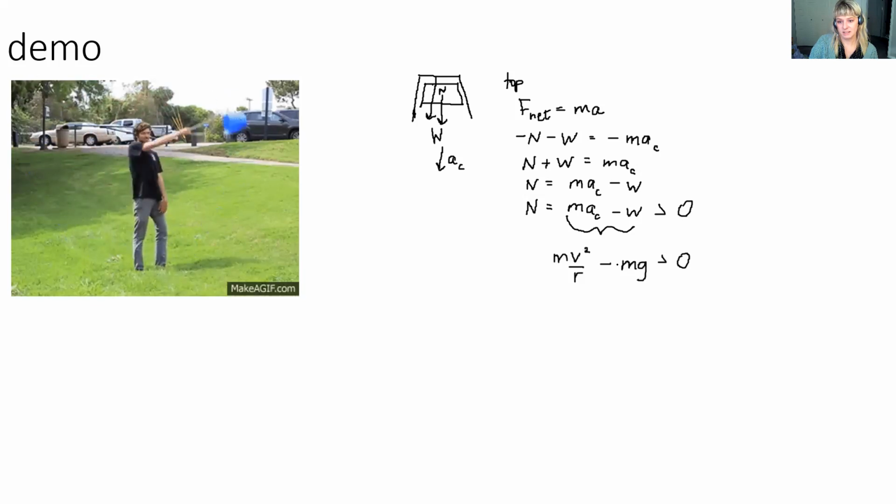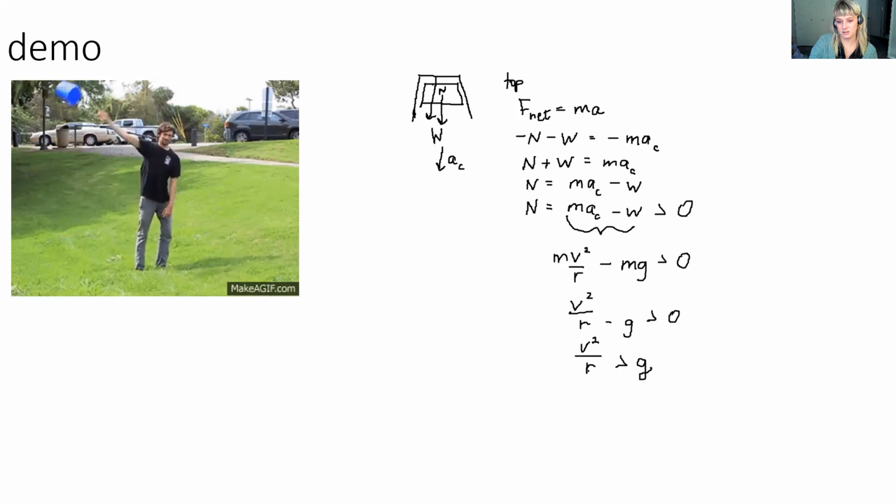Notice that mass is in both terms, so I can cancel it out. V squared over r, or our centripetal acceleration, has to be greater than g, 9.8 meters per second squared.